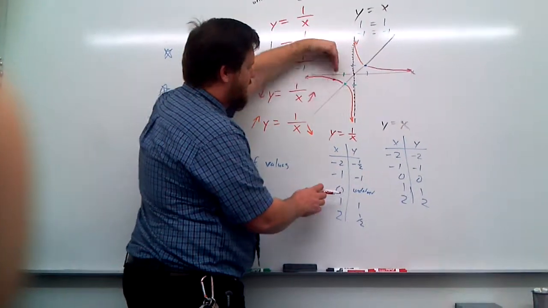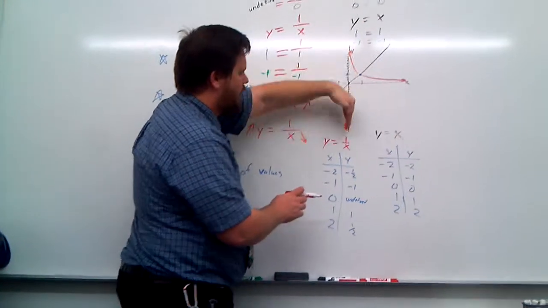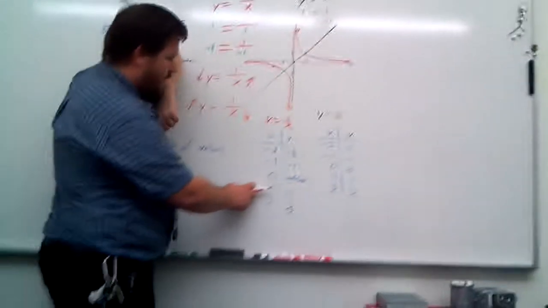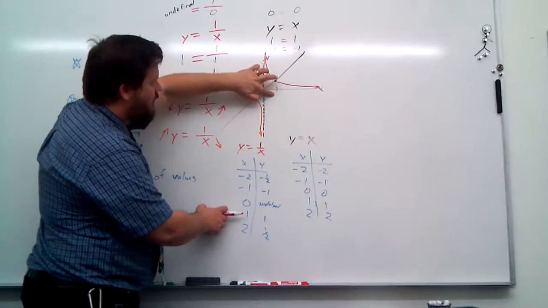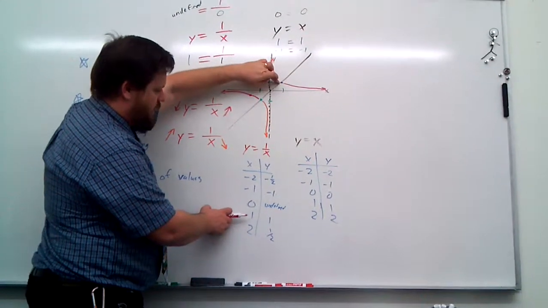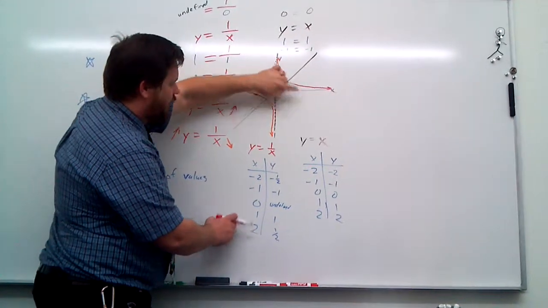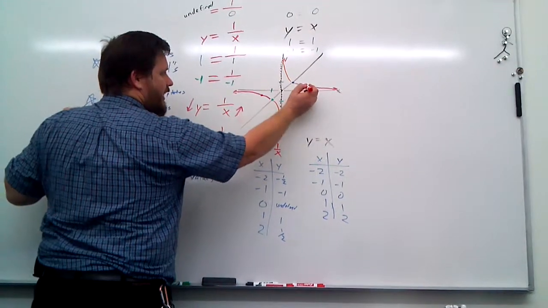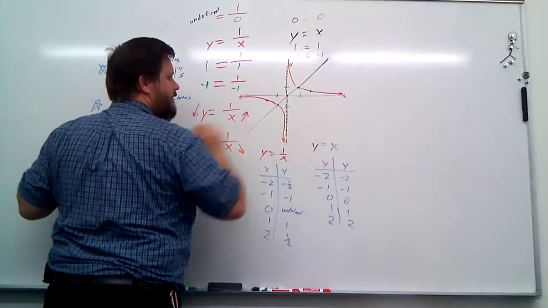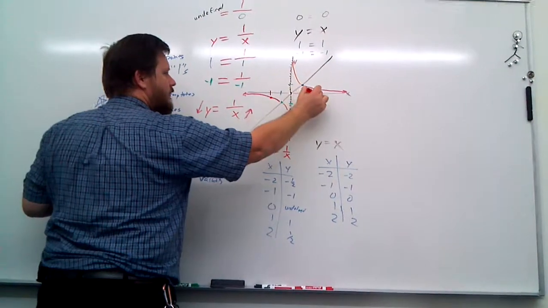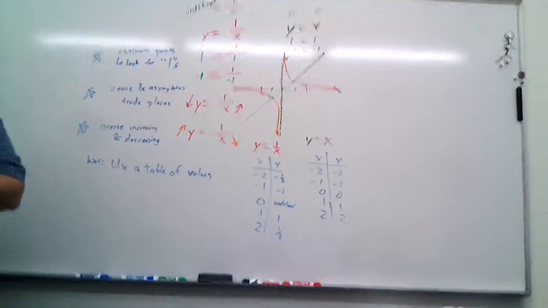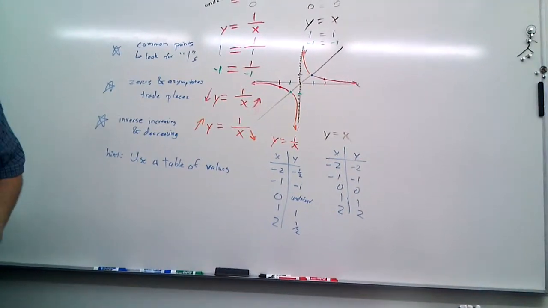When x is 0, y is undefined, that's why there's an asymptote here. There's no dot there. When x is 1, y is 1, we already have that. When x is 2, y is 1/2, so that's about there. It just helps us put in some additional points.